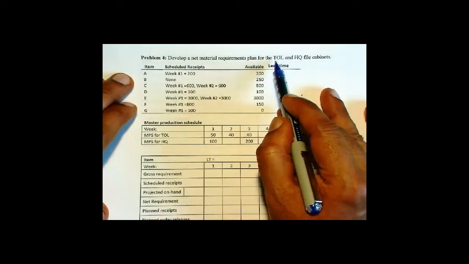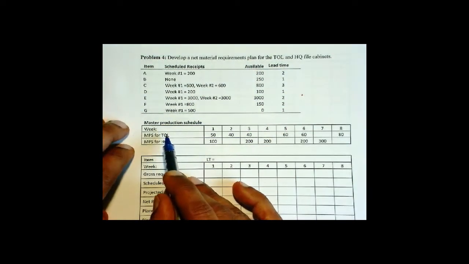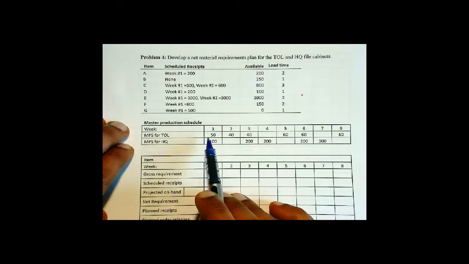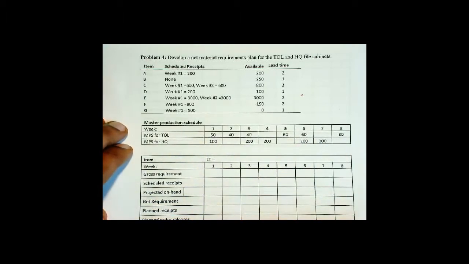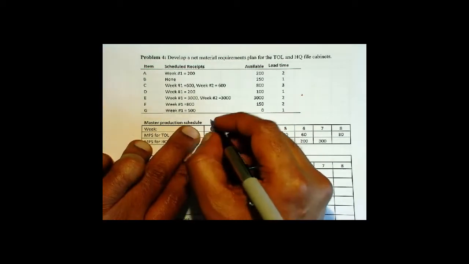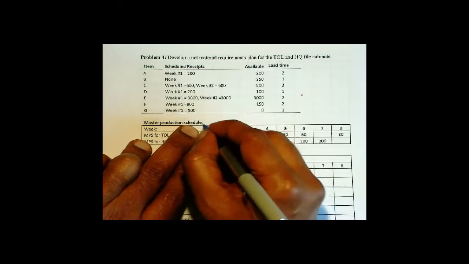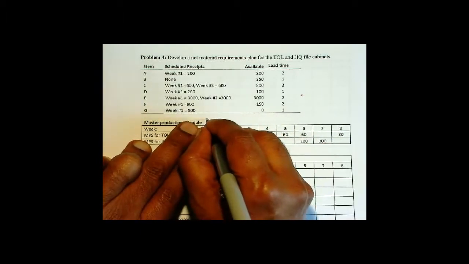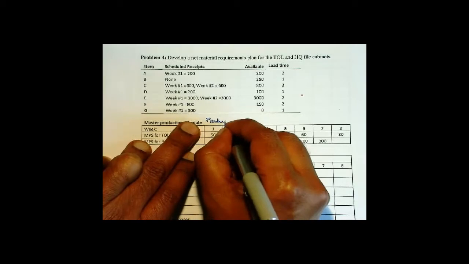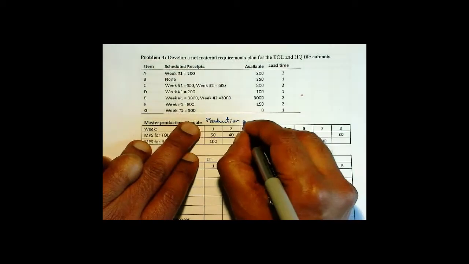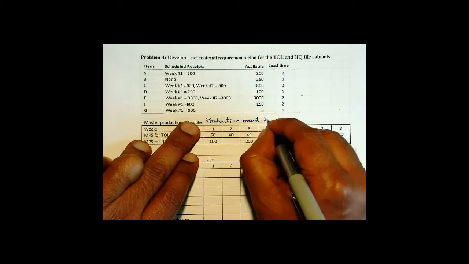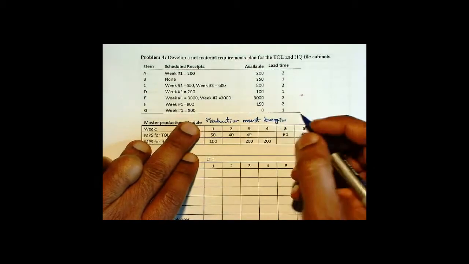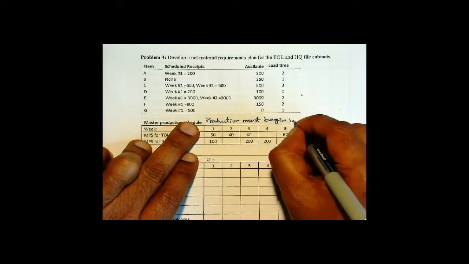And also for TOL and HQ, we have master production schedule. So we don't have just one single quantity, but we are given that these are the quantities that must be made available. So here the master production schedule is about the beginning. So the production of these quantities, remember that production must begin in the given week.